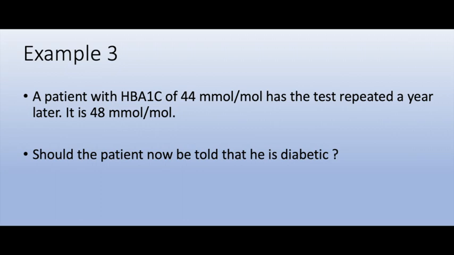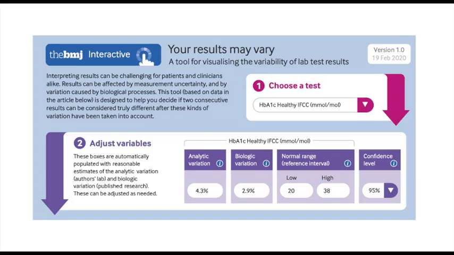Should the patient now be told that he is diabetic? The analytical variation for hemoglobin A1C is about 4.3%, with a biological variation of about 2.9%.